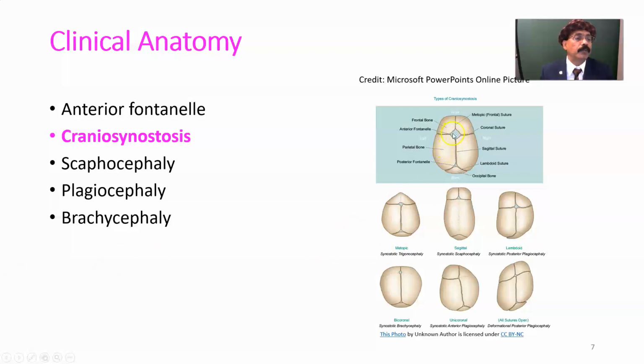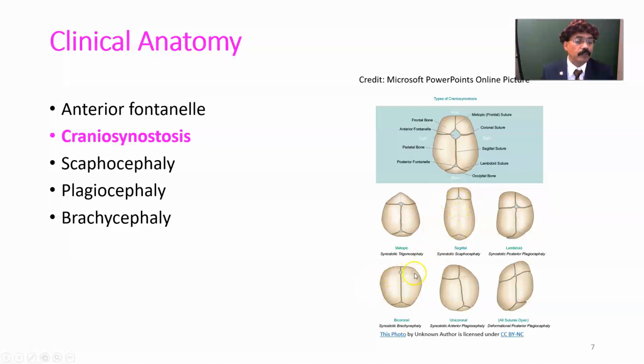Sometimes it may close very prematurely, like this. We'll get a boat-shaped skull, we call it scaphocephaly, due to premature closure of the sagittal suture. We have other problems like that here, the coronal suture. Here the sagittal suture is closed prematurely.